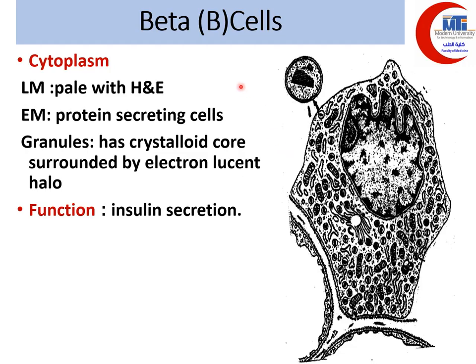As we mentioned, the granules of alpha cells were with a homogeneous electron dense core surrounded by an electron lucent halo. But the granules of beta cells, as you see, have a crystalloid core. These are crystals, so the core is crystalloid, surrounded by an electron lucent halo.